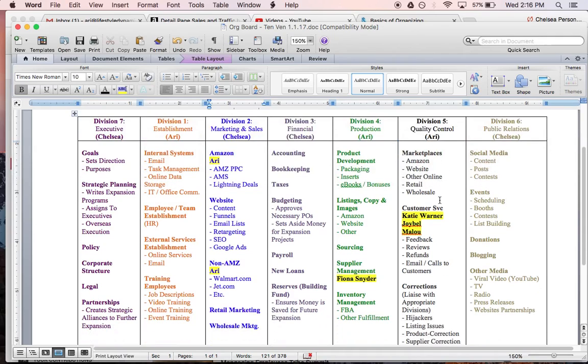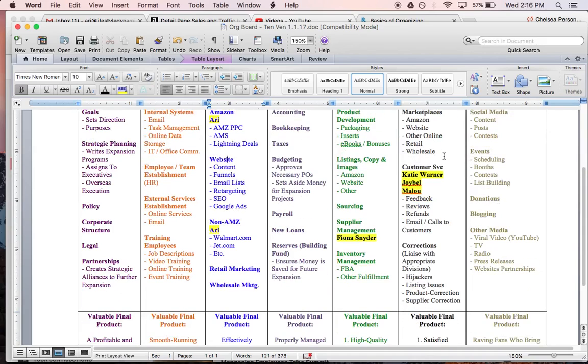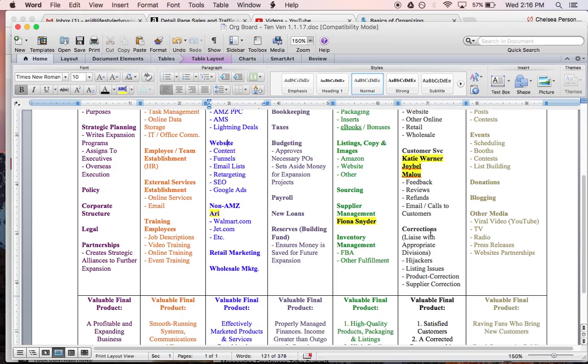So quality control. This division is responsible for the quality of your marketplaces, the quality of customer service, right? That's part of your quality. And the quality and corrections of any of that, whether it's hijackers, listings, or product correction itself.